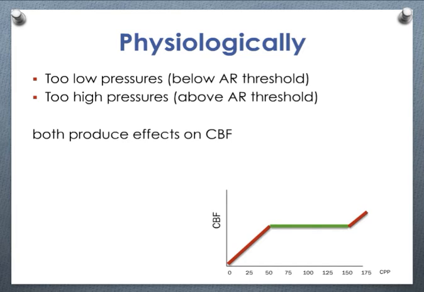This is due to changes in the resistance of the vessels, as we will see in a while, because we want to satisfy the high metabolic need. And for high arterial pressure and for low arterial pressure, this relationship is lost because the vessels are massively dilated, and so the flow becomes pressure passive.